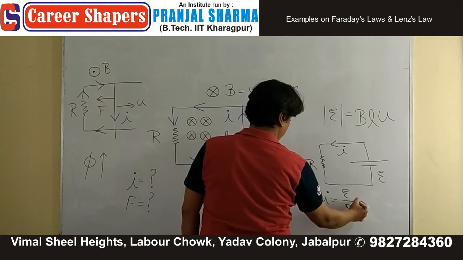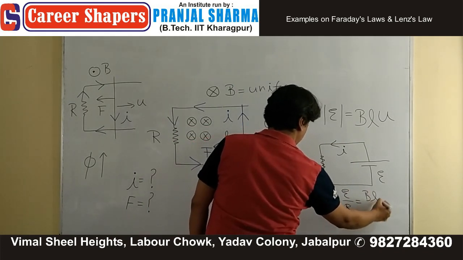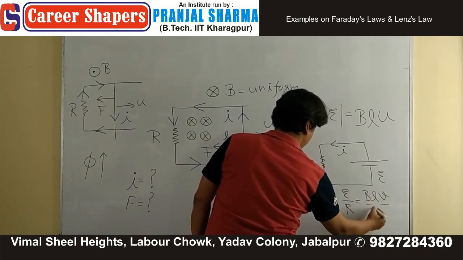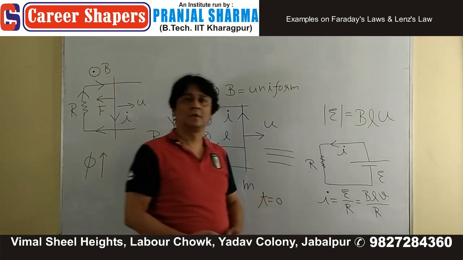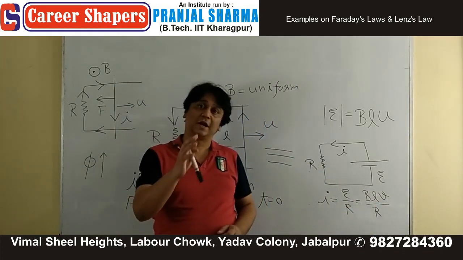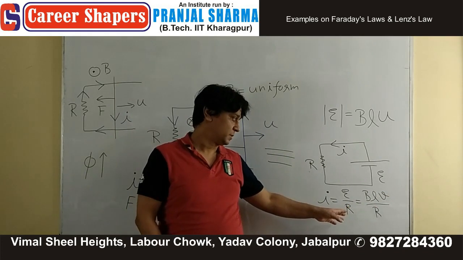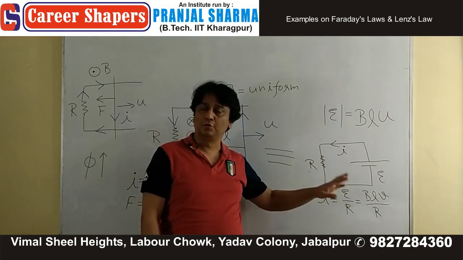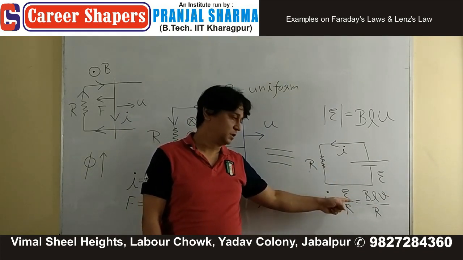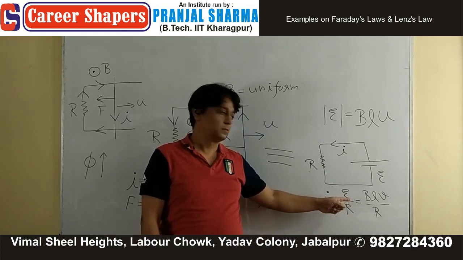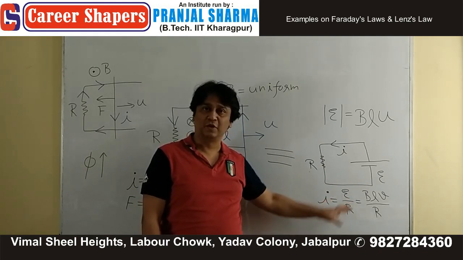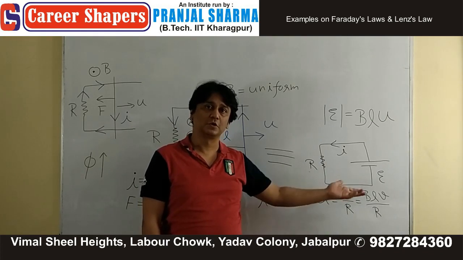I is E upon R. This is BLV divided by R. So let me just tell you this. Those of you who could not answer even this simple thing, just coming from 10th, V upon R, Ohm's law.